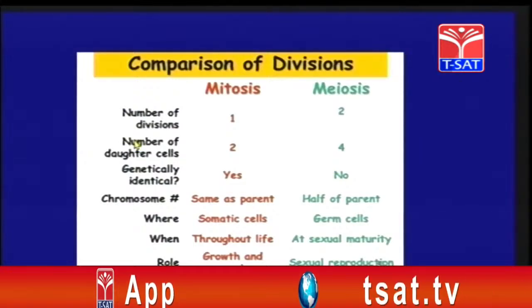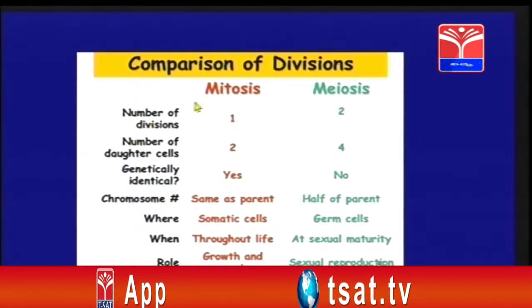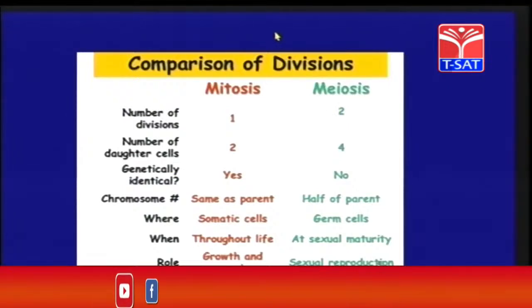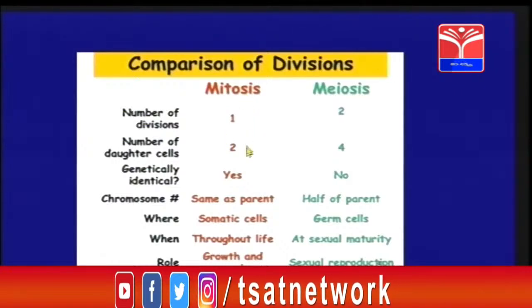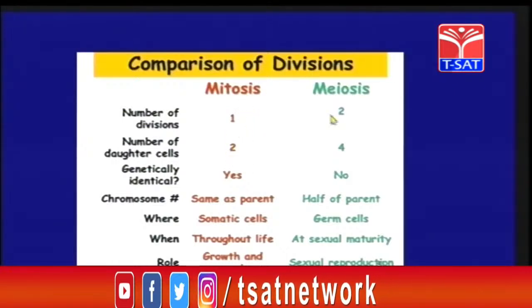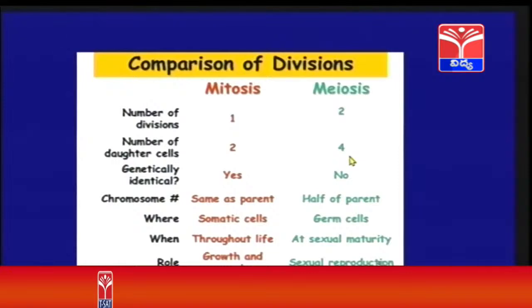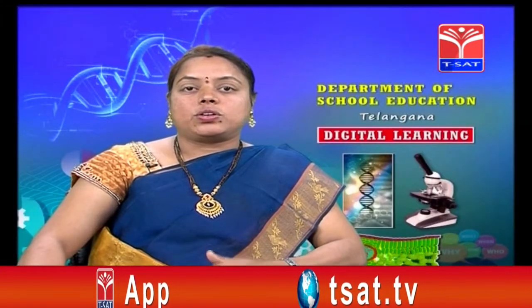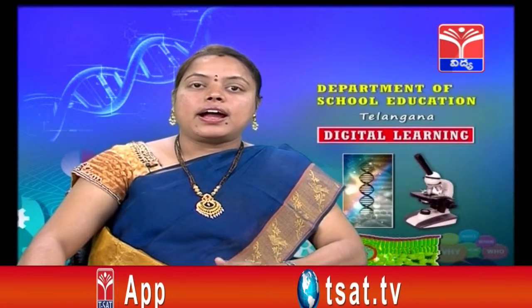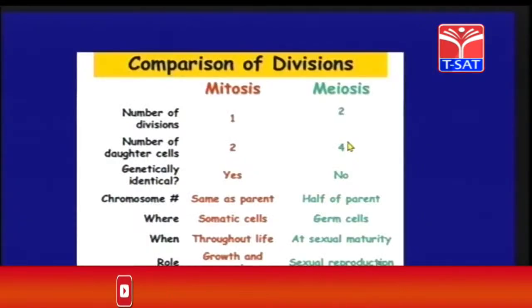In mitosis, the number of divisions which take place is only once, whereas in meiosis we have meiosis 1 and meiosis 2. In mitosis, 2 daughter cells are formed, whereas in meiosis 4 daughter cells are formed. As we have discussed, the parent is diploid, whereas the 4 daughter cells formed have half the number of chromosomes of the parent cell.